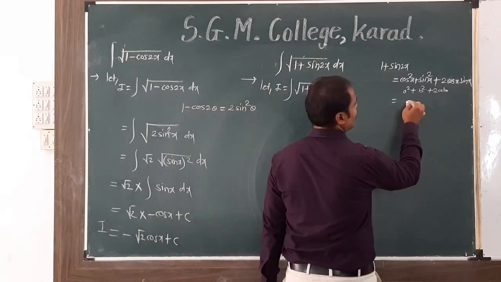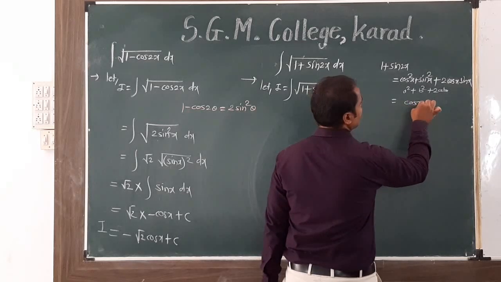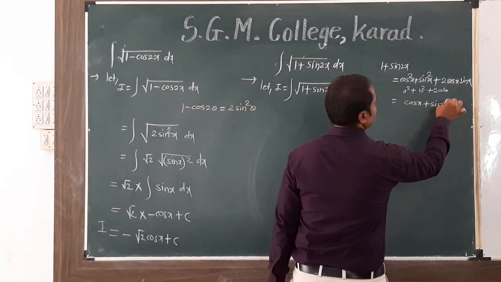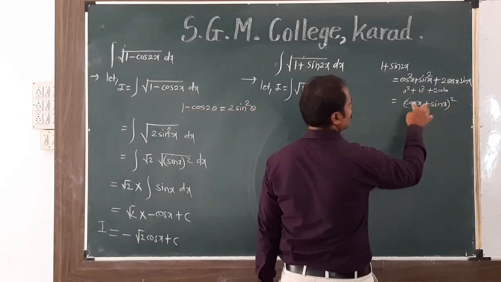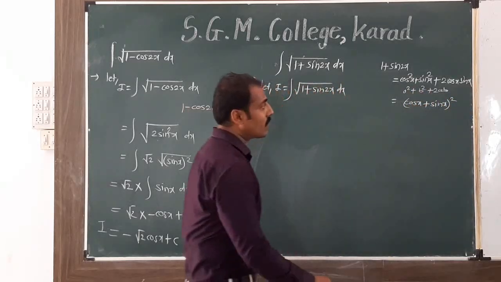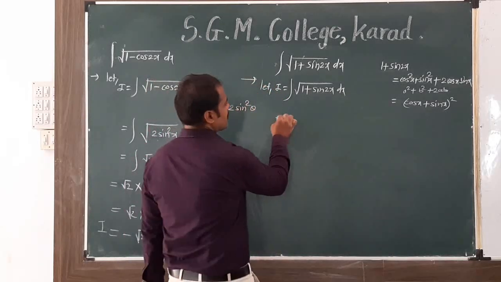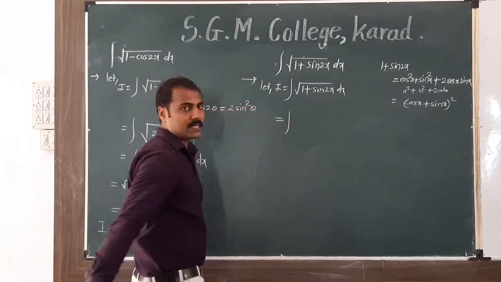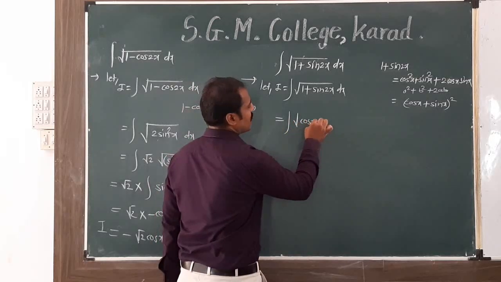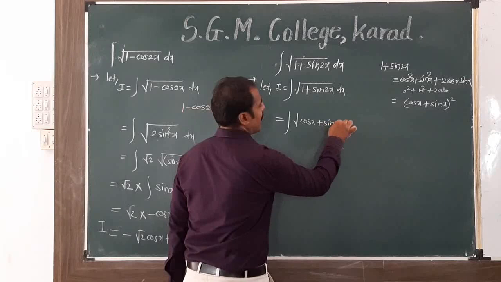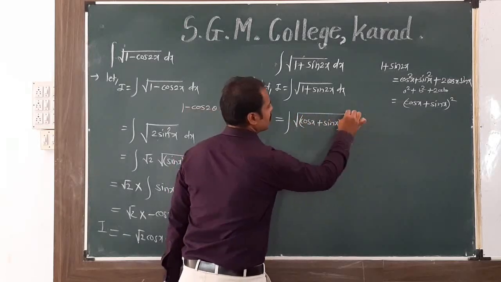So it is nothing but (cos x plus sin x) whole square. (Cos x plus sin x) whole square is cos square x plus sin square x plus 2 cos x sin x. Okay. So instead of 1 plus sin 2x, I can write here (cos x plus sin x) whole square.